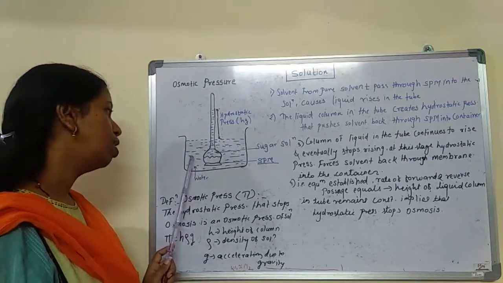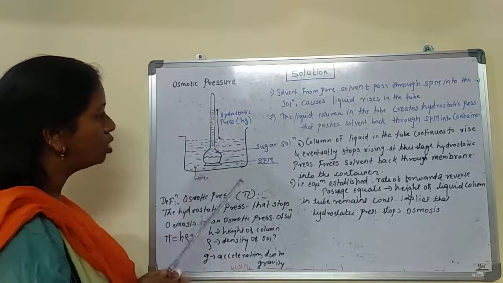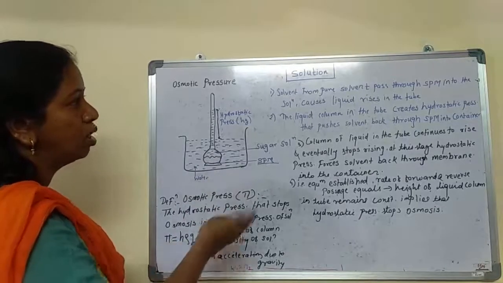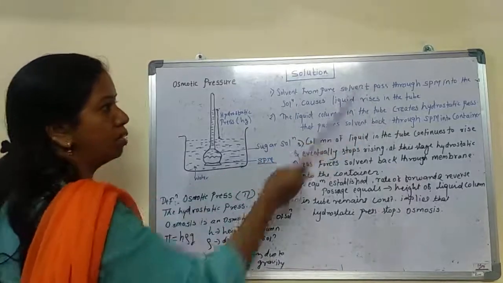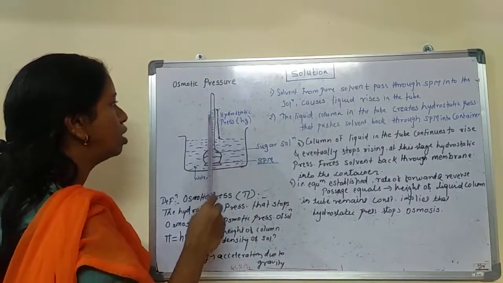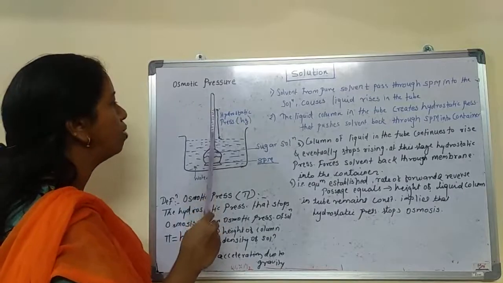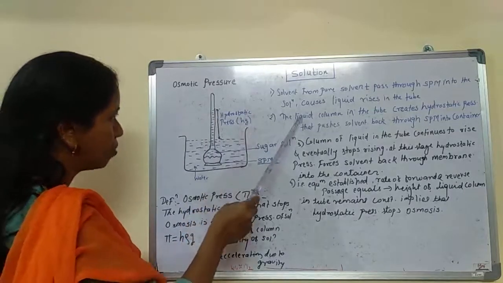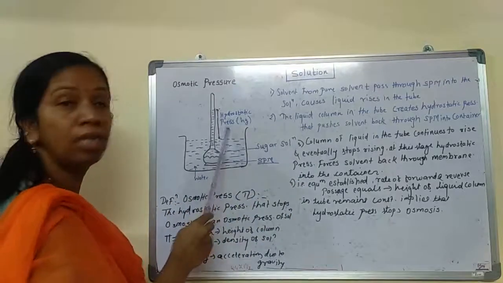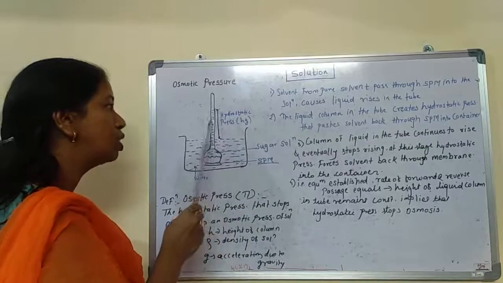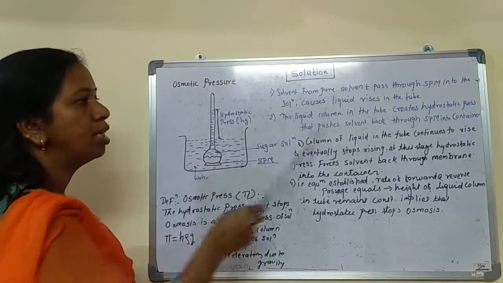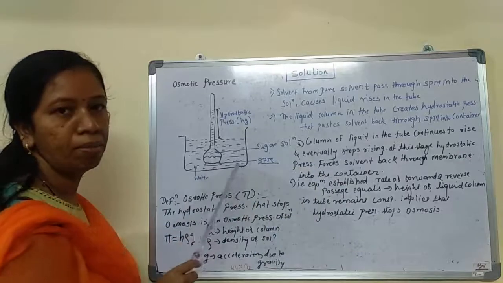Osmosis takes place means that solvent molecules from the water go into the thistle funnel through the SPM. So the pure solvent passes through the SPM into the solution, and it causes the liquid to rise in the tube. So there is an increase in the liquid column. Now this liquid column in the tube creates hydrostatic pressure, and that pushes the solvent back through the SPM, the semi-permeable membrane.